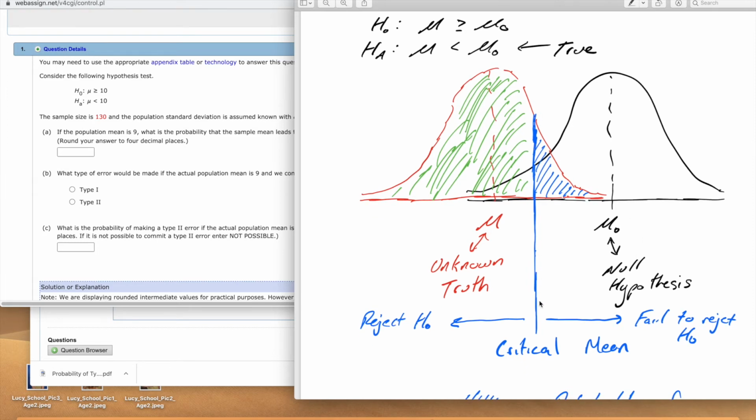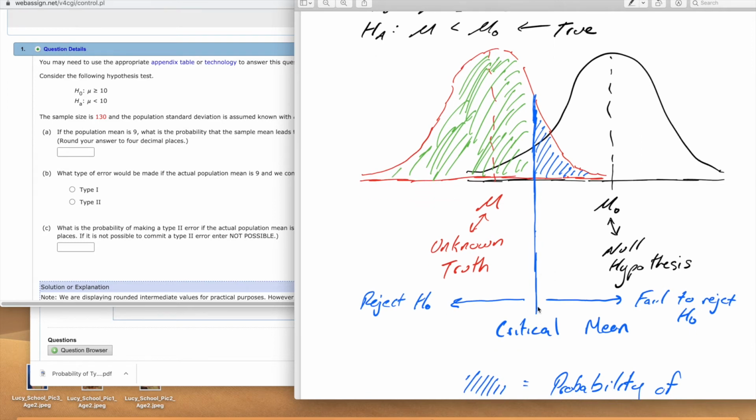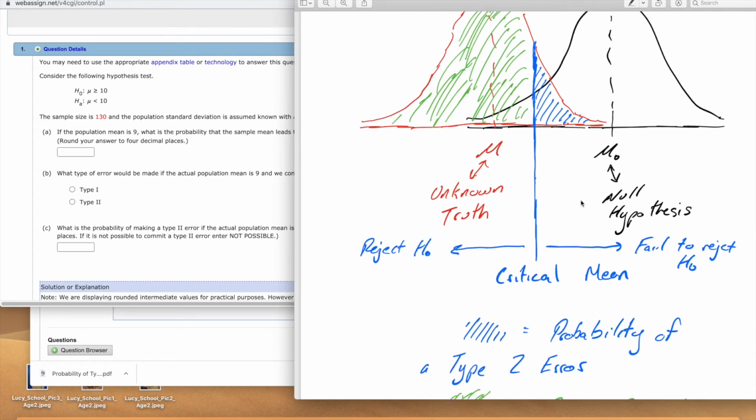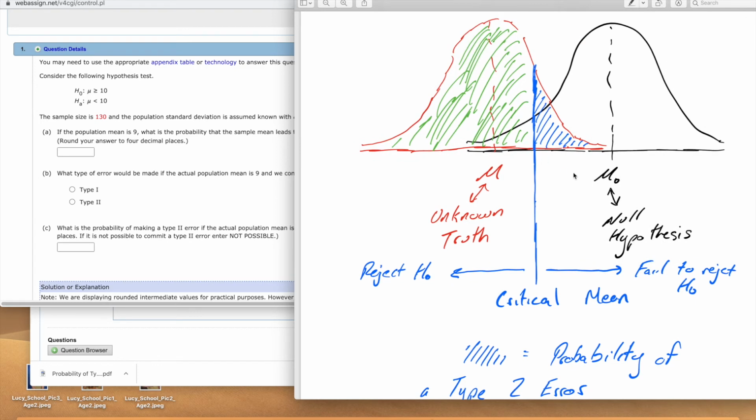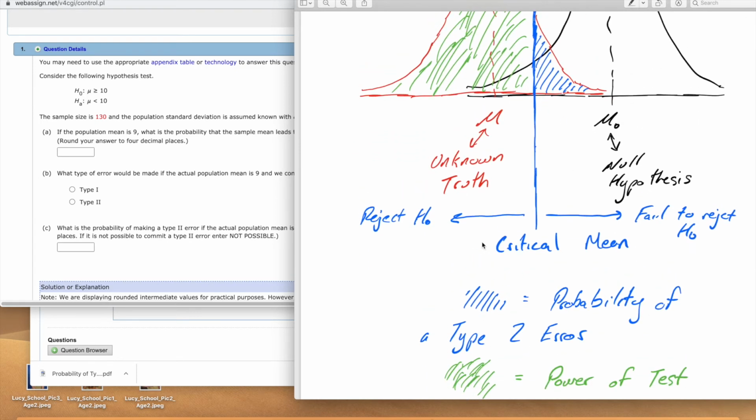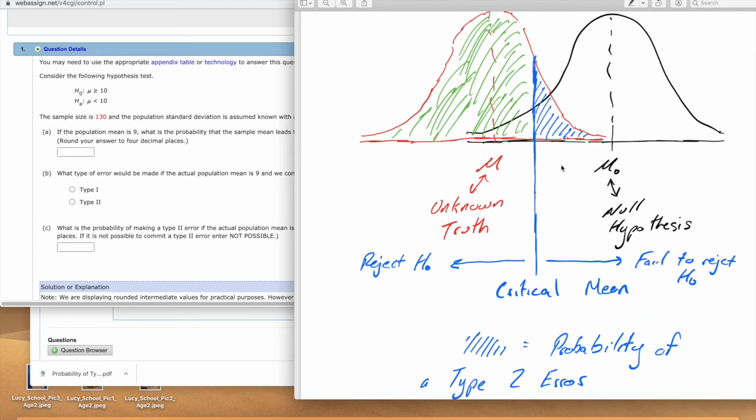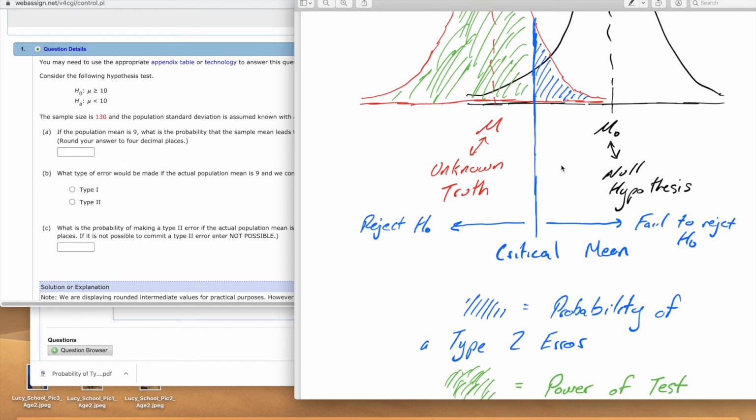So this is the problem setup. This blue line, I like to call the critical mean, so we're going to have to calculate that. If we land to the right, we'll fail to reject, and we'll make a type 2 error. If we land to the left, we will reject, and that's what we want. The blue area is called the probability of a type 2 error. Another way of saying that is the probability of failing to reject a false null hypothesis.